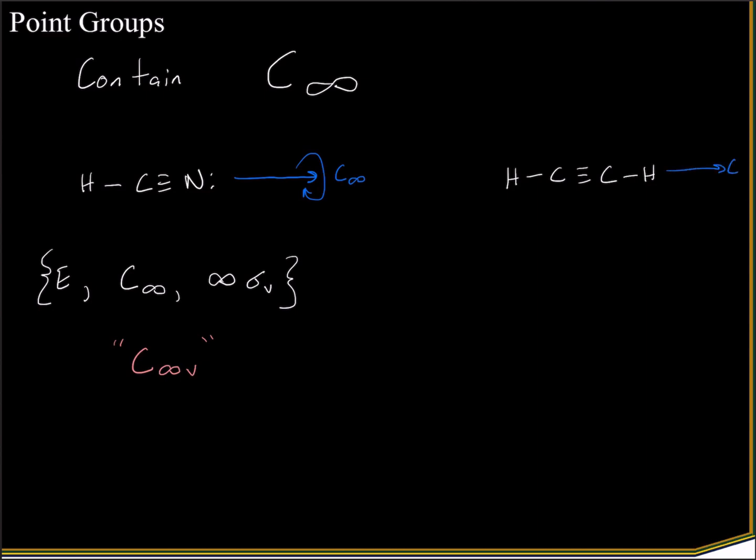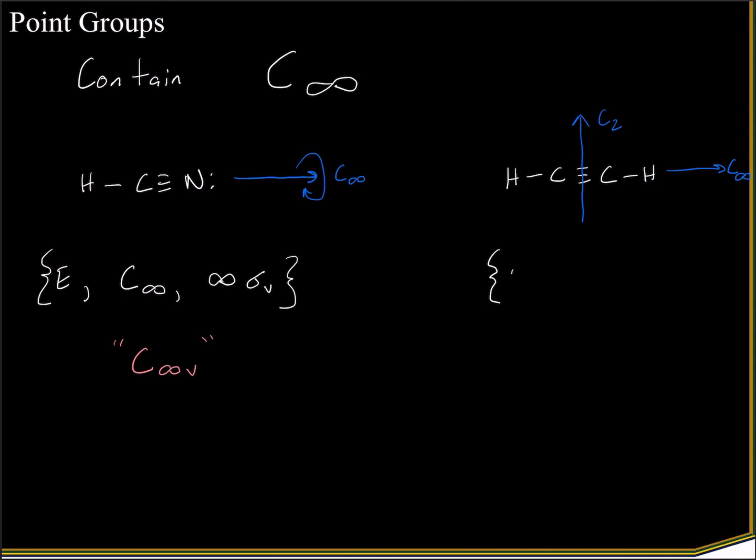Now you could imagine another linear set of molecules, something like acetylene, which also has this infinite rotational axis, C infinity. But what makes this molecule different is that it also contains C2 axes, right? And so there's actually an infinite number of these C2 axes that we can rotate our molecule around. So for something like acetylene, this is a different point group, right?